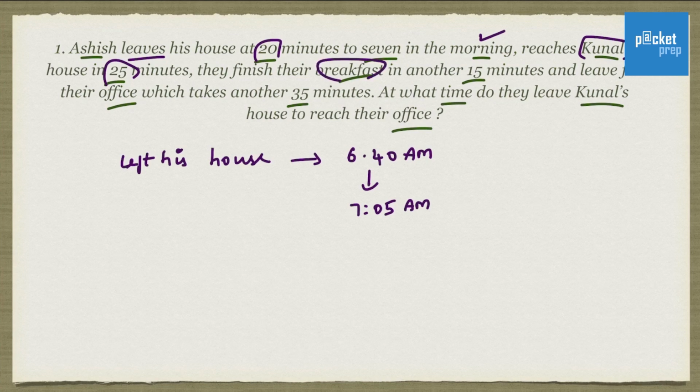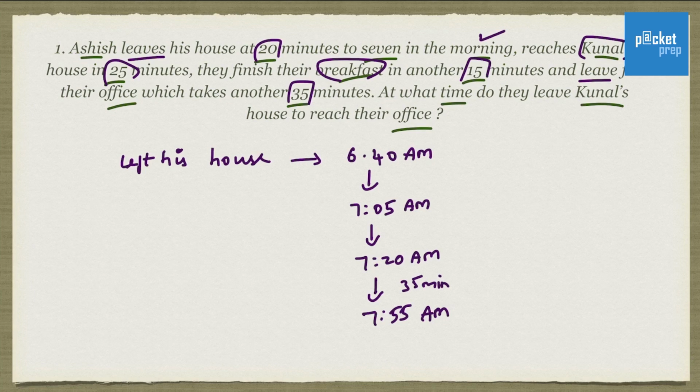They finish their breakfast in another 15 minutes. So 15 minutes from here is 7:20 a.m. and leave for the office, which takes another 35 minutes. So the time they'll be at the office is 7:55 a.m. as it takes 35 minutes to reach the office.